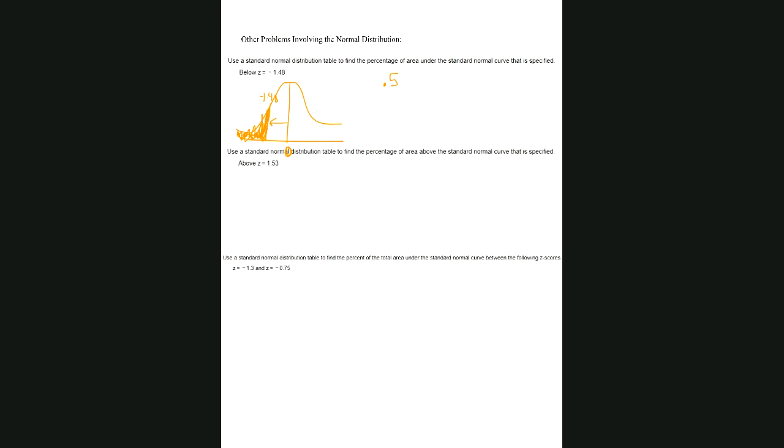Then I can take that area, which we let be represented by alpha, and subtract that area, and I'll get the area that I need. So here's where the table comes in. So I'm going to stop sharing this and I'm going to start sharing the distribution table.